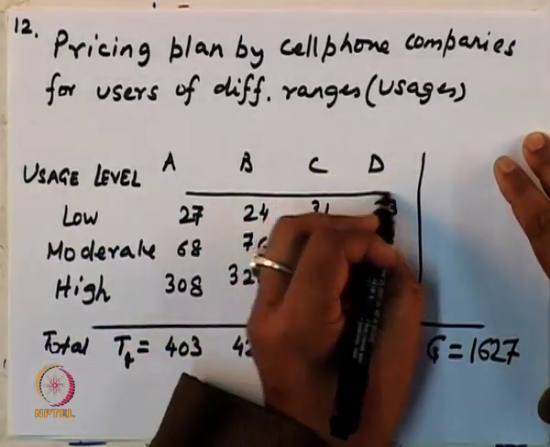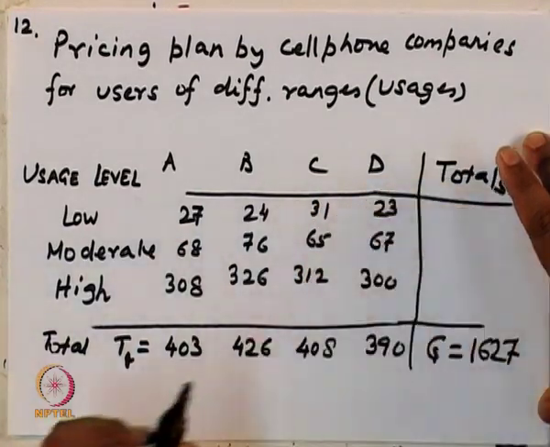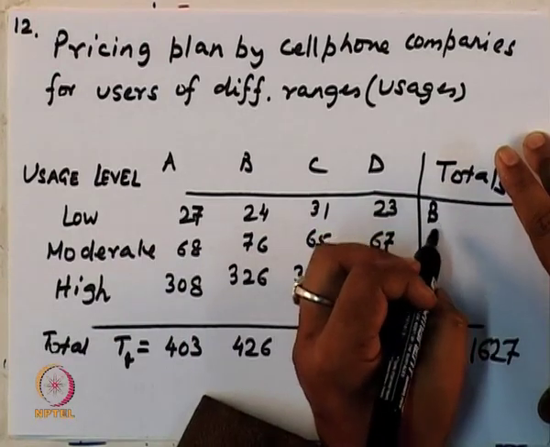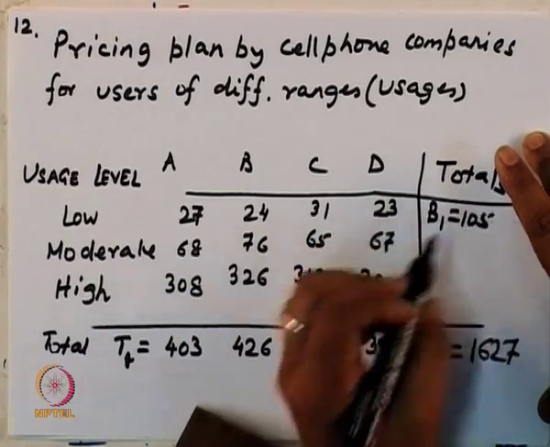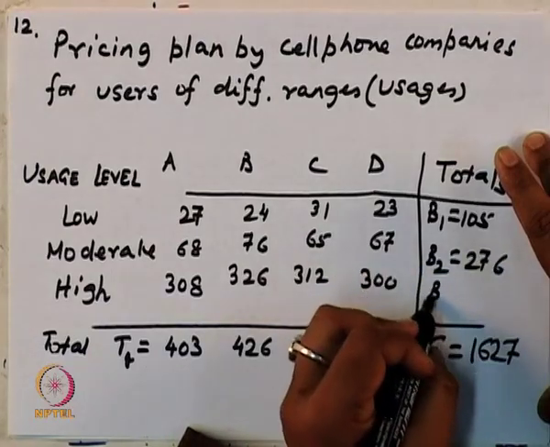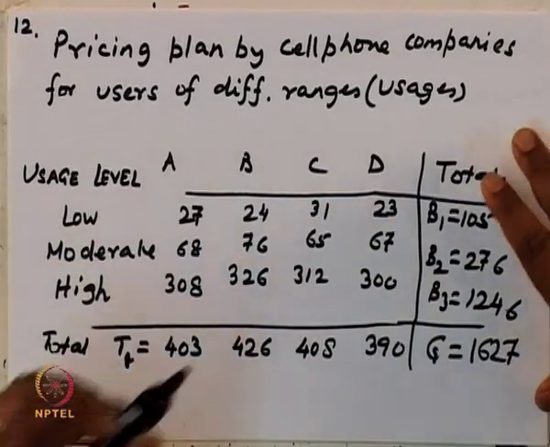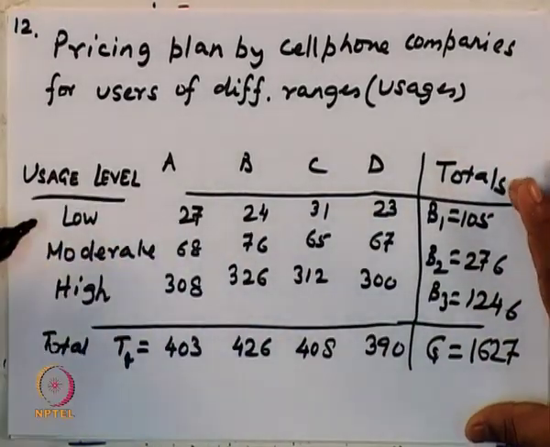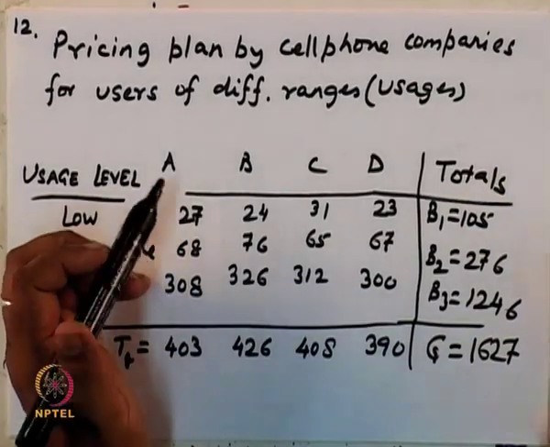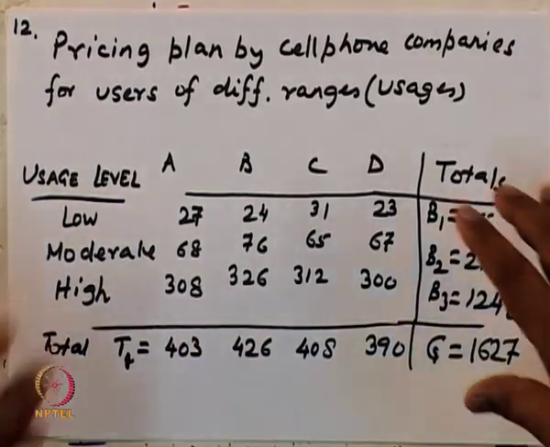But what you can also calculate here, you can make another panel called totals, and this is B. So, this is a block average. B1 is 1055, B2 is 276, B3 is 1246. So, you have 3 blocks as per usage levels, low, moderate and high, and 4 treatments which are your companies and their pricing strategies.